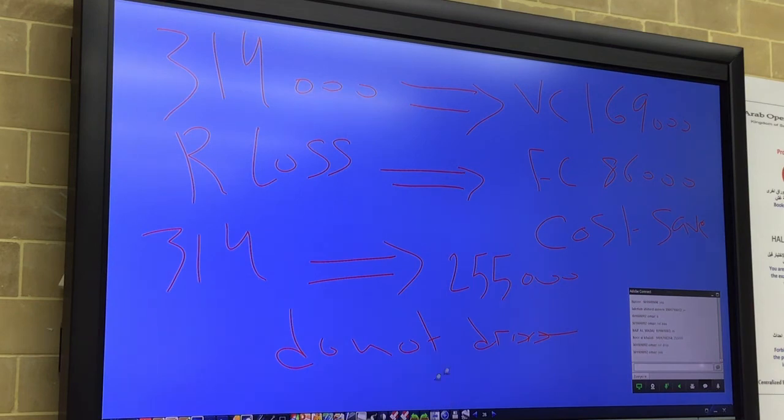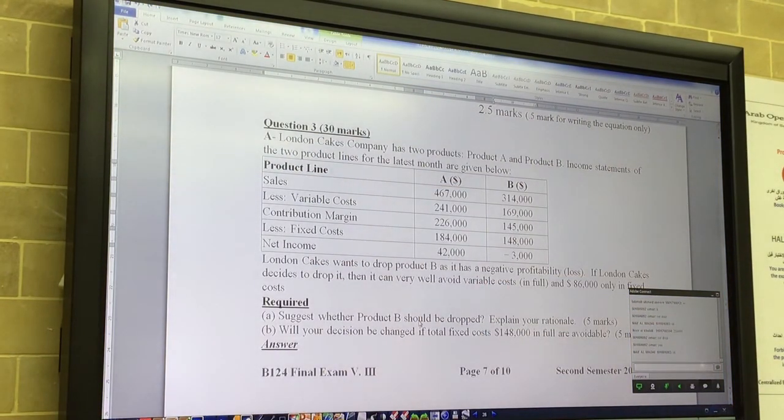So, second, he will ask you if the total fixed cost, all fixed costs, will be avoided. Means you will avoid fixed cost plus variable cost. So fixed cost 148.